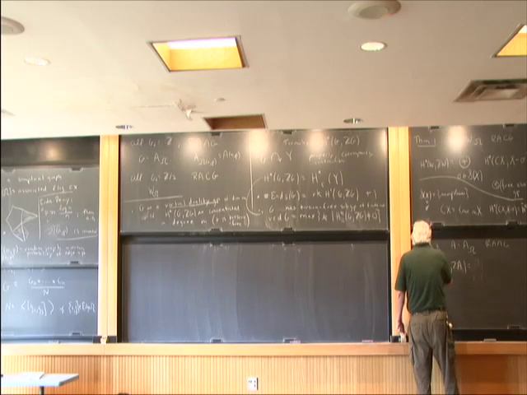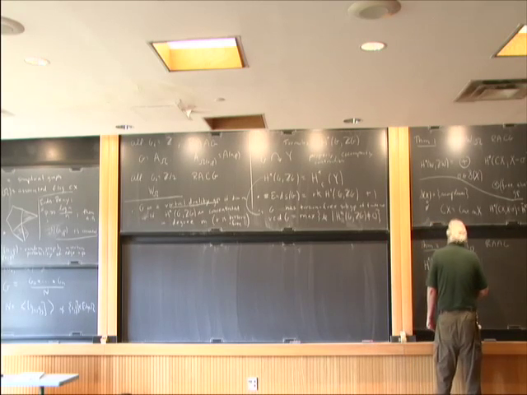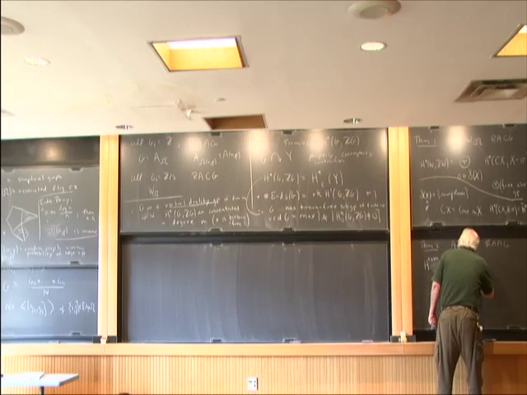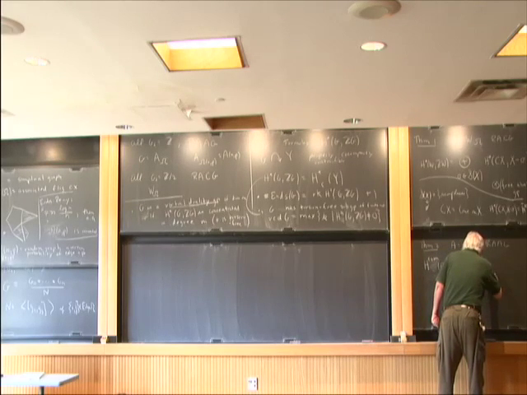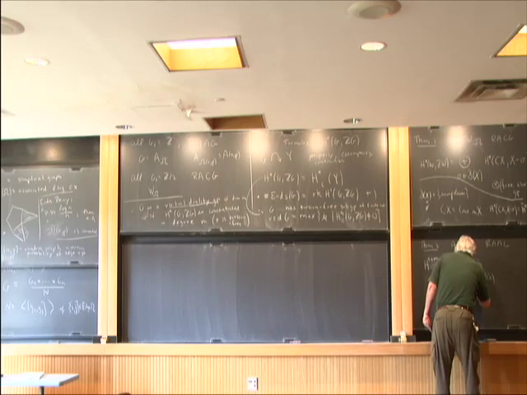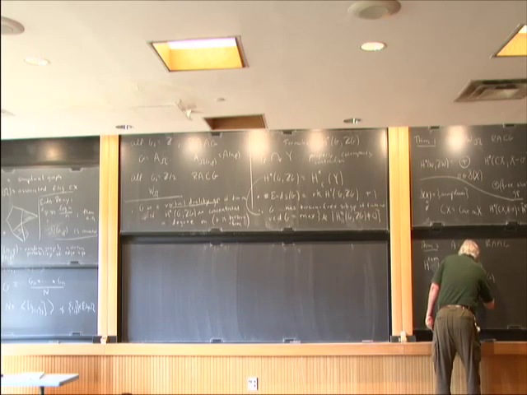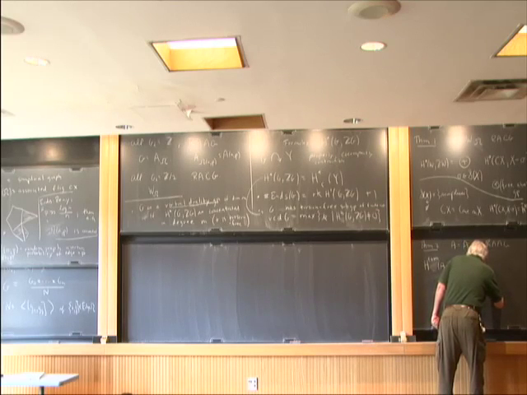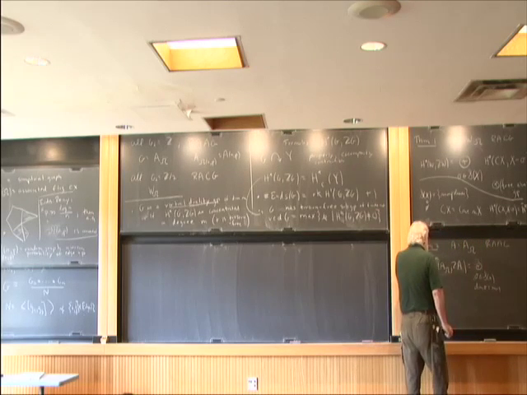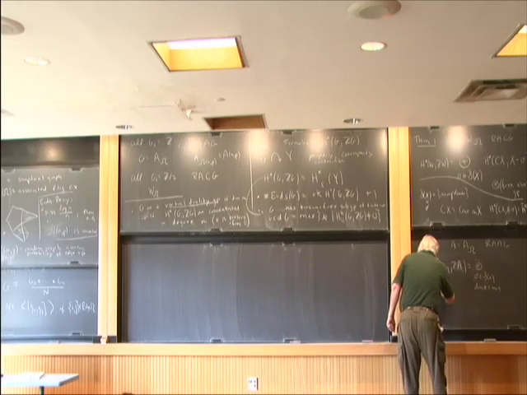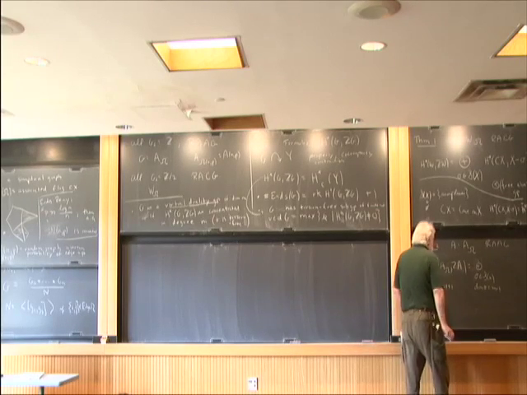Let me just say in dimension i plus m, I don't know whether I want to sum over i, but it's the summation over simplices where the dimension of the simplex is m minus 1. I think maybe I just want to use absolute value of sigma to mean the dimension of sigma plus 1.